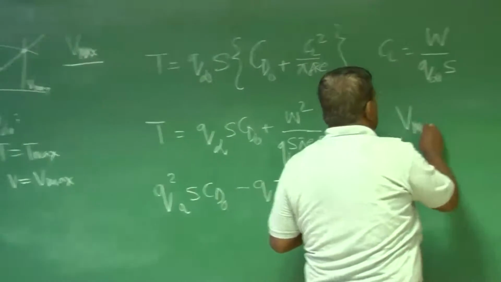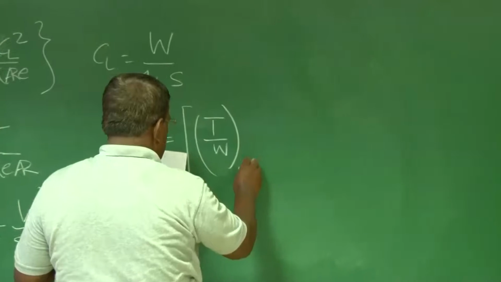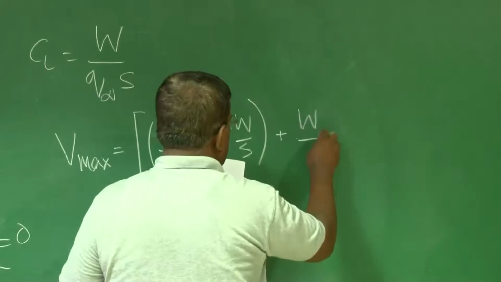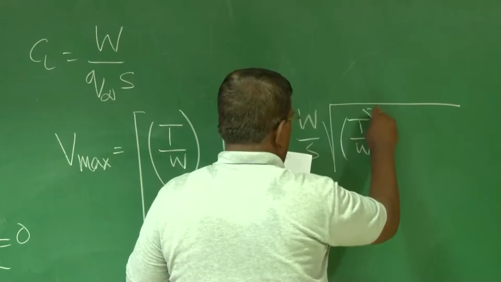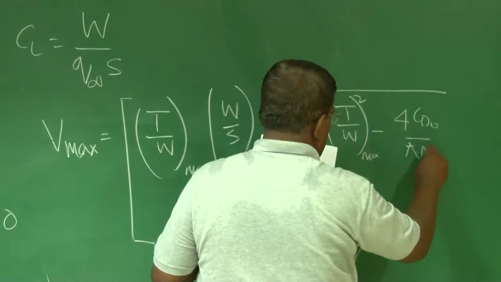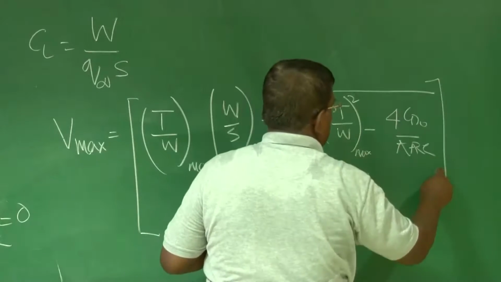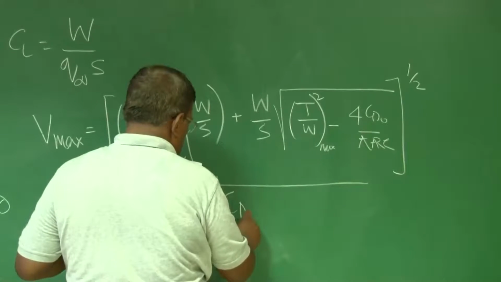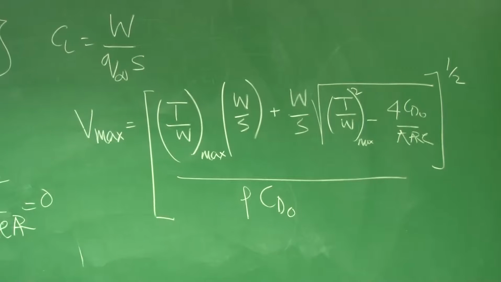V max is equal to T by W max into W by S plus W by S, T by W square max minus 4 CD naught by pi aspect ratio E. You can refer this expression from Anderson book on Introduction to Flight.